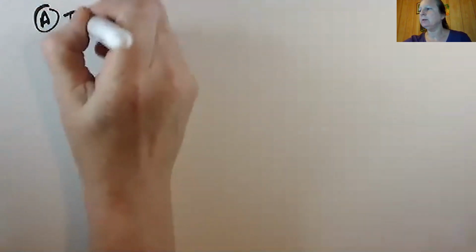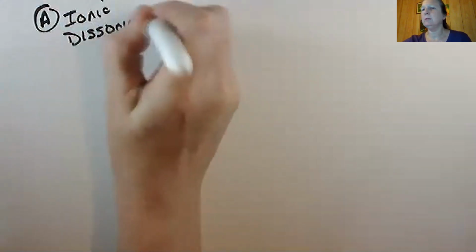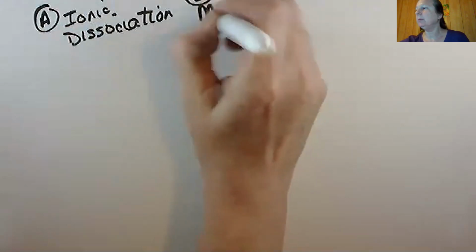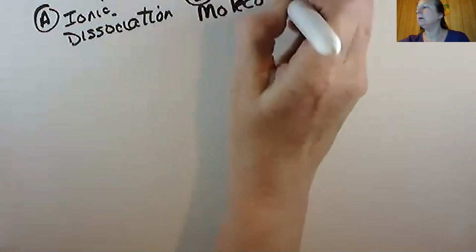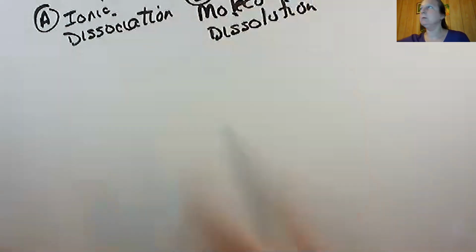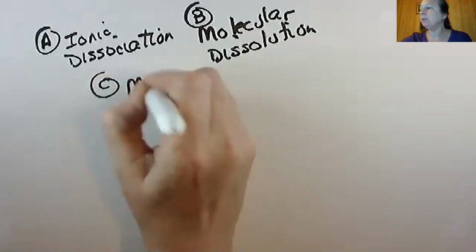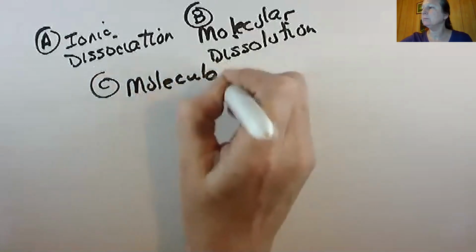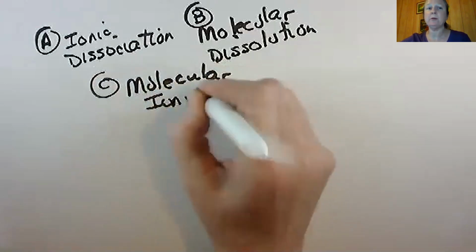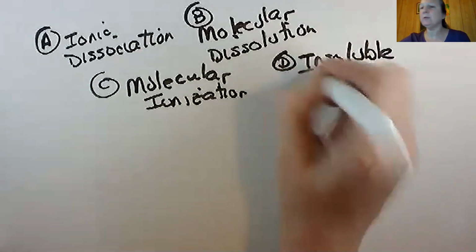So we have ionic dissociation, molecular dissolution, which is dissolving, and molecular ionization, molecules that form ions as products, and insoluble, which does not dissolve in water, right?